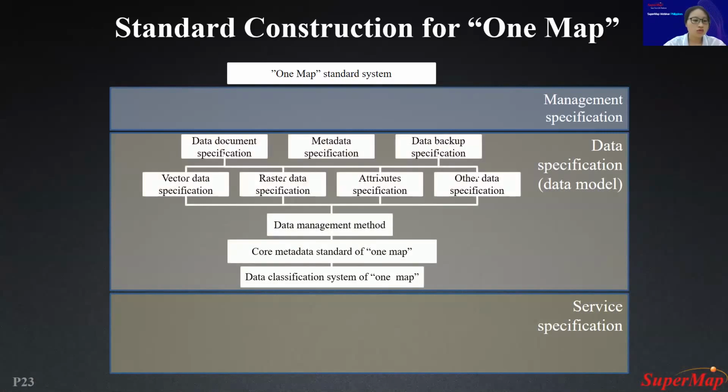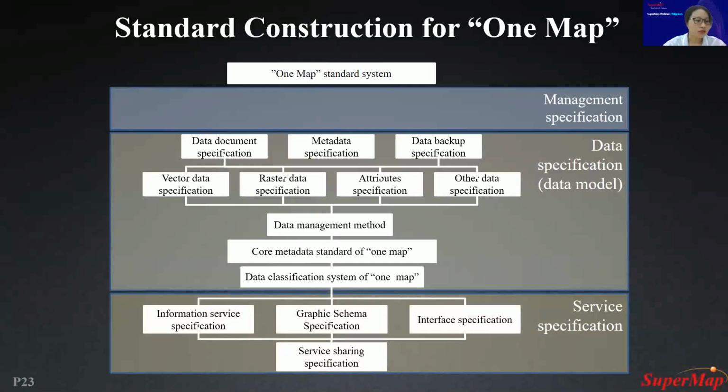The core construction is data specification. This part discusses how to standardize different types of data. The data classification system is divided into information, service, graphic mode, and interface, and their respective specifications are established to generate service sharing specifications.